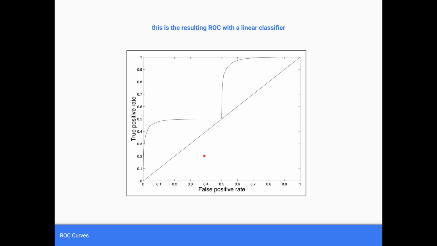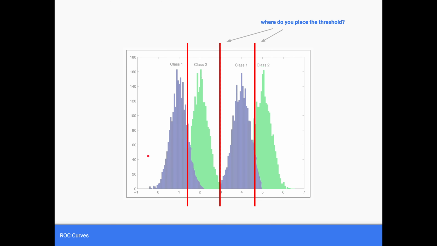Now this is taken from Scott's paper, so the credit goes there. This is the ROC curve that will be produced for that linear classifier, because as we move the threshold along this direction, we start by improving our classification for class 1.